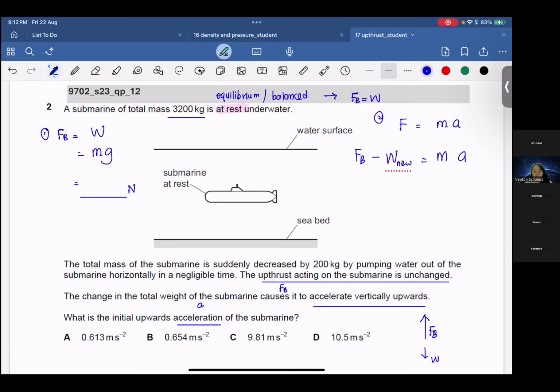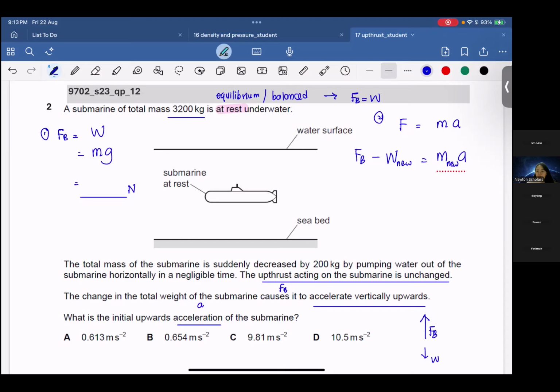So you use the buoyant force minus the new weight, after the decrease of 200 kg. What is the new weight? Then equals m, where m is the mass that decreased, so it's the new mass. Calculate the a. Why do I need to use buoyant force minus the weight? Because it accelerates upwards.